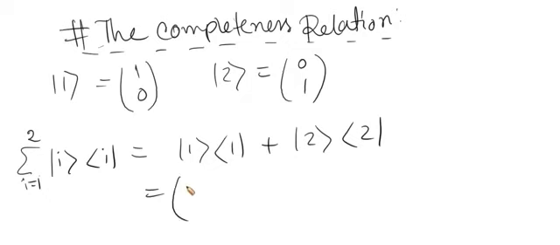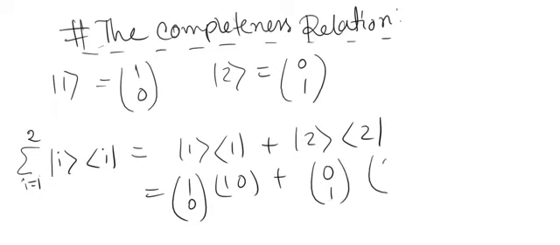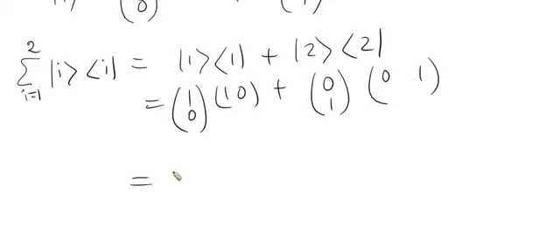So |1⟩ was (1, 0), that is the ket of 1, and the bra of 1 was (1 0). Similarly this is (0, 1) and this is (0 1). And to do an outer product, what do we do? We keep this one and we multiply this whole row with each of the elements, right? So this is how we write it, and the resulting thing should be a matrix.